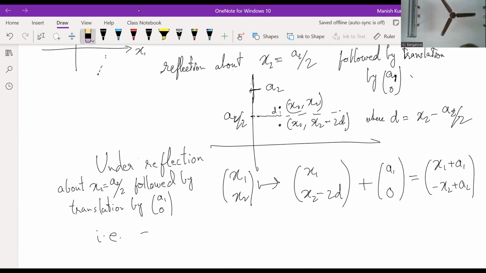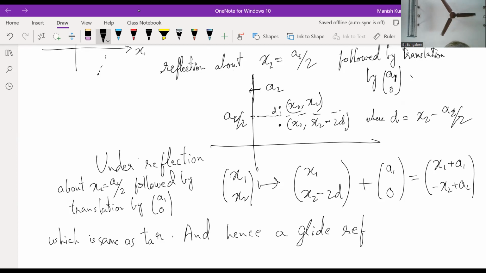T_A times R is the same as a glide reflection, and hence T_A times R is a glide reflection.